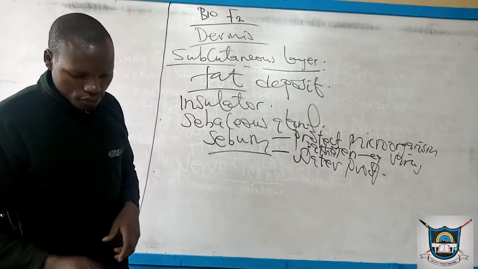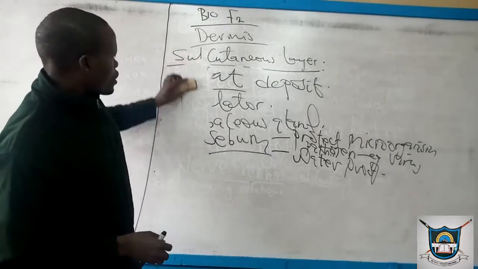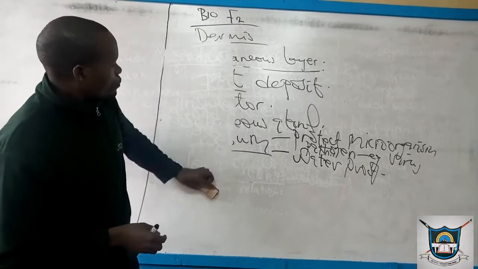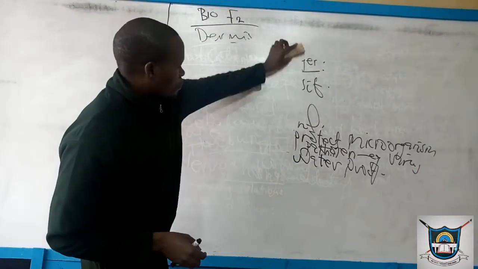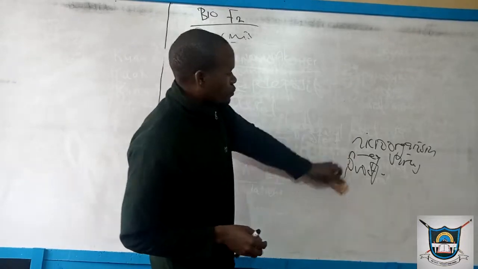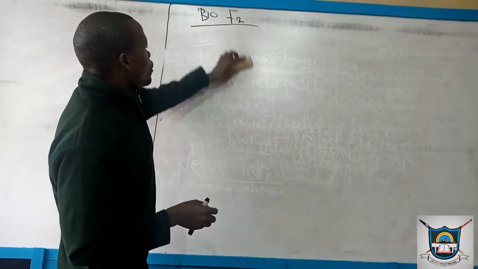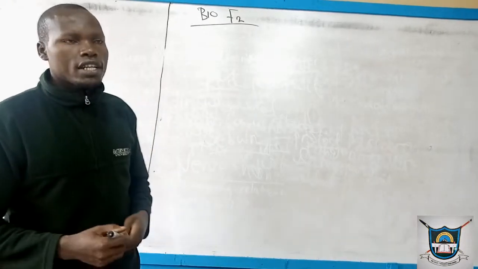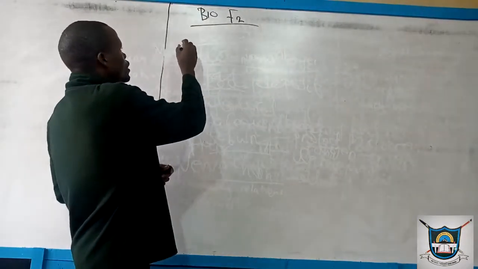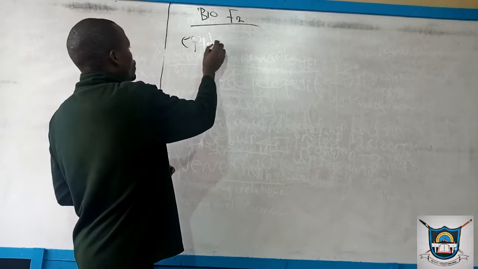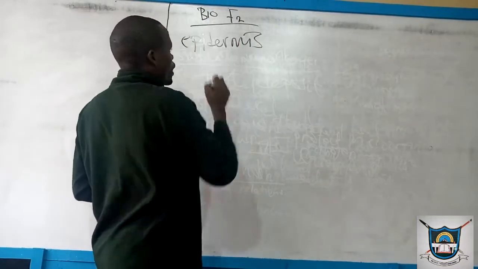Now, in brief, a summary of this: we are giving a brief summary of the two main layers of the skin, as we started looking at the epidermis.